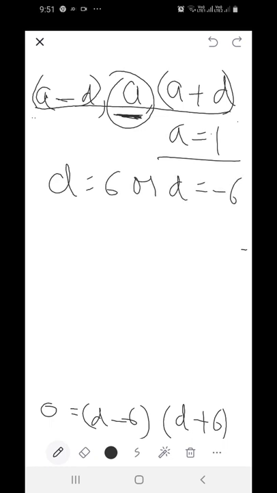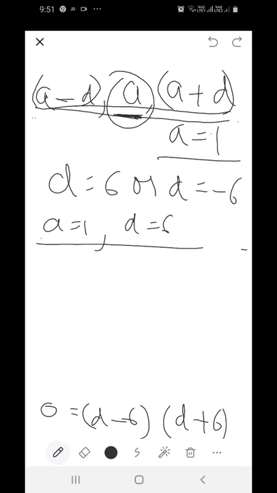Now you are going to make the two series. For the first series, take A as 1 and D as 6. You have to find these three numbers.